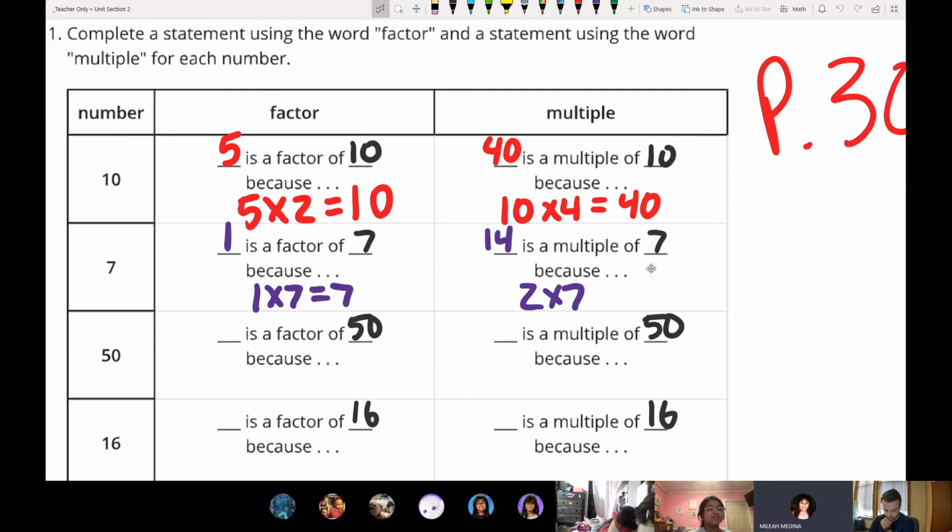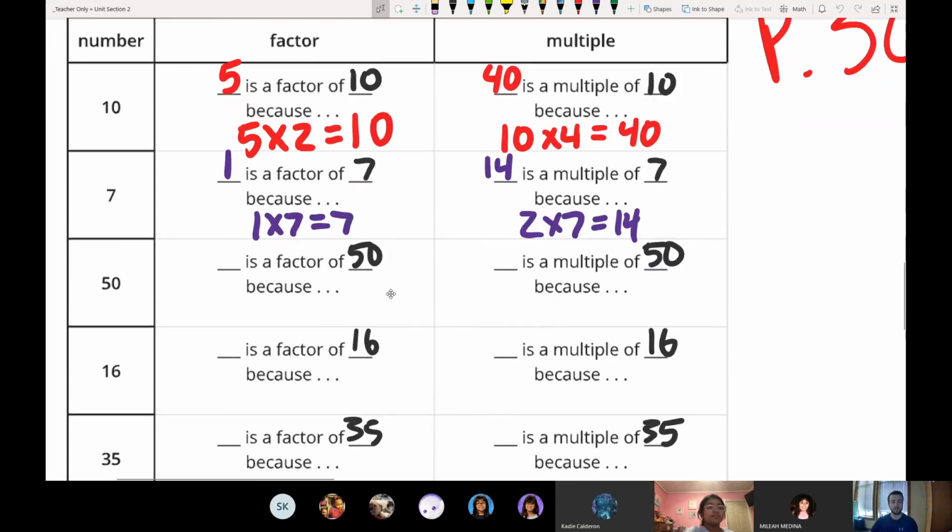Yeah, 2 times 7 equals 14, right? The multiple here is the product. Okay, it will always be the product. And it's a multiple of these numbers here, the factors, every single time. So 14 is a multiple of 7. It's also a multiple of 2 because we can multiply those two numbers by each other to get 14. Okay.